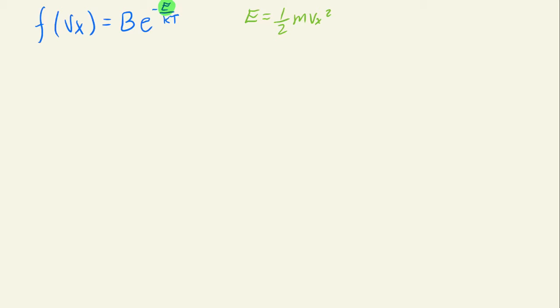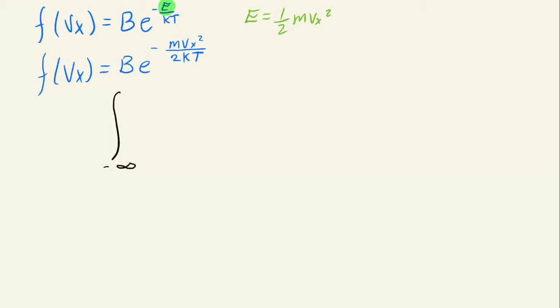Substituting the kinetic energy for the E in the equation, we are left with B, the constant of normalization, times e elevated to the negative mass times the velocity in x elevated to the 2, divided by 2 times the constant k times the temperature.